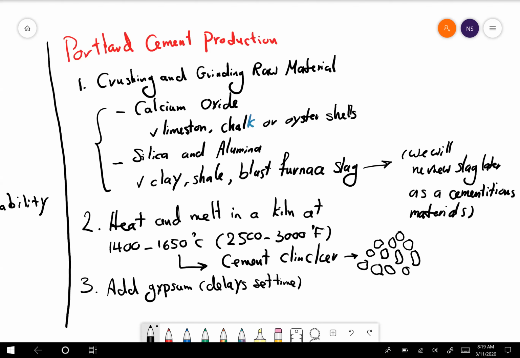It means that it's not going to set instantaneously. When you add gypsum, it'll delay the set time for the concrete.